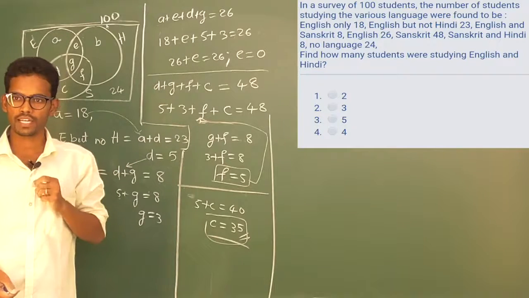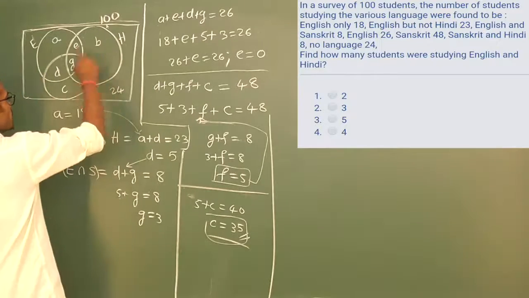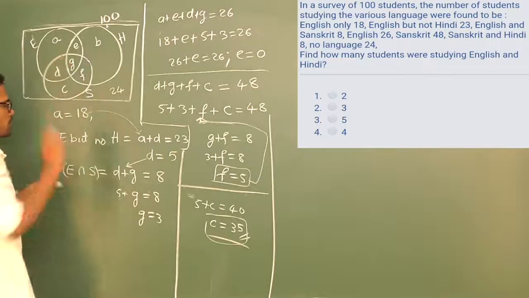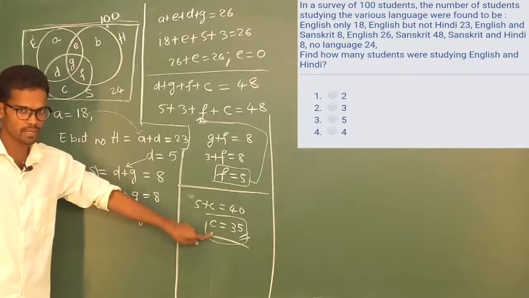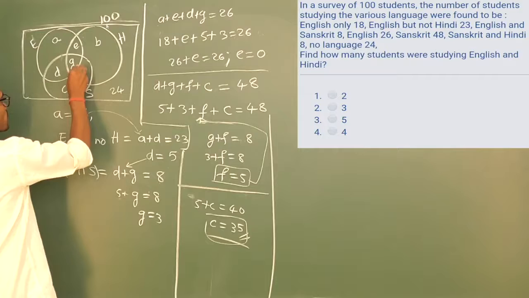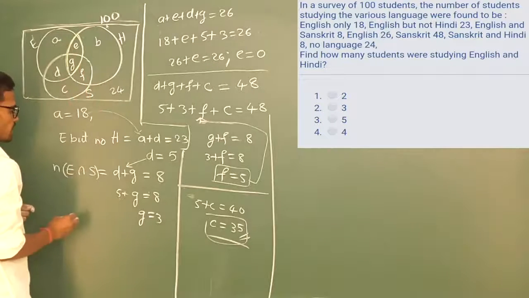How many students were studying English and Hindi? English and Hindi means what, students? G plus E or E plus G. There is no need to find C, by the way. If they are asking more, you can go for it. So, E plus G is our English and Hindi. What is the E plus G?